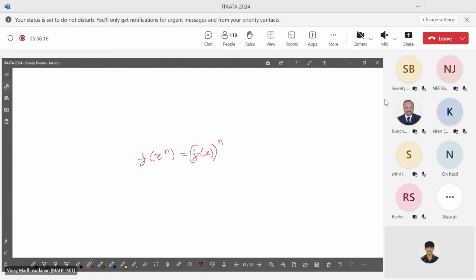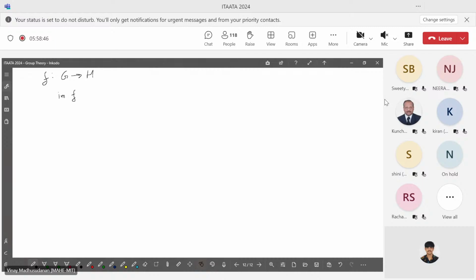Okay, let's take up the slightly more interesting problem. Just for the sake of recognition, f is a homomorphism from G to H. What is meant by the image of f?